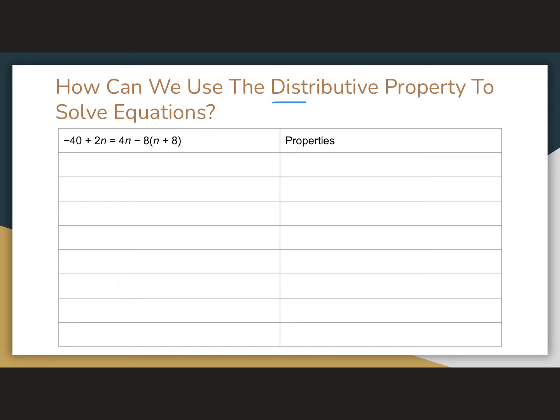How can we use the distributive property to solve equations? First of all, we're going to abbreviate distributive property as dist-prop so that we know when we're using it. The first thing I'm going to do is use my distributive property to multiply this negative 8 times n and this negative 8 times 8.